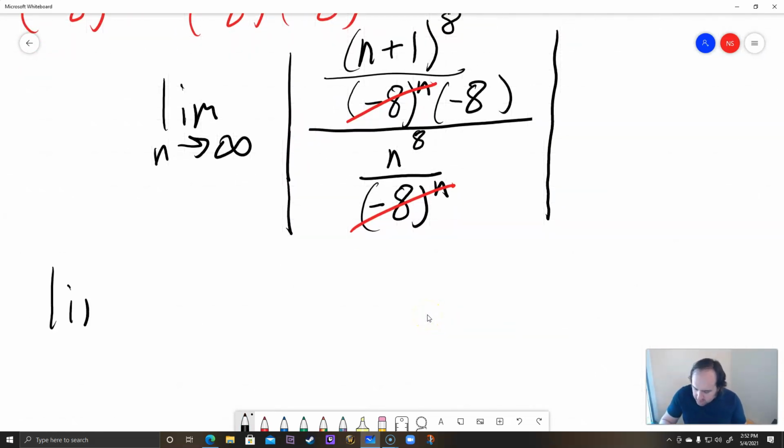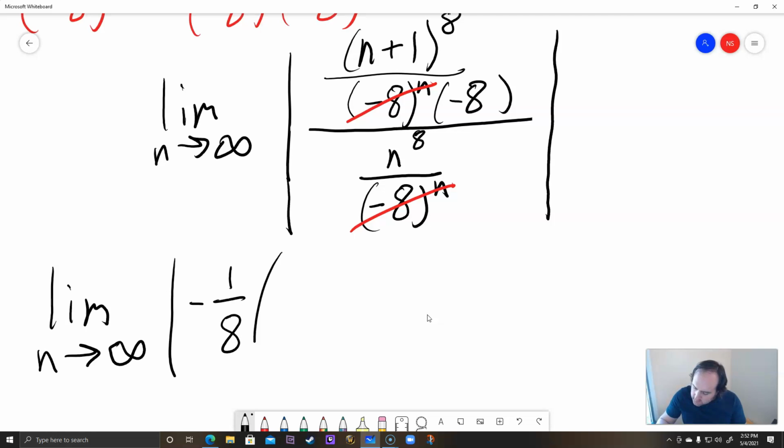So what we got so far is the limit as n goes to infinity of the absolute value of negative 1/8 times n plus 1 to the 8th in the numerator and n to the 8th in the denominator.